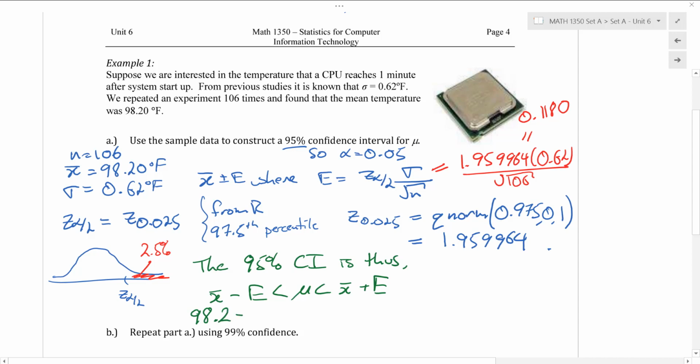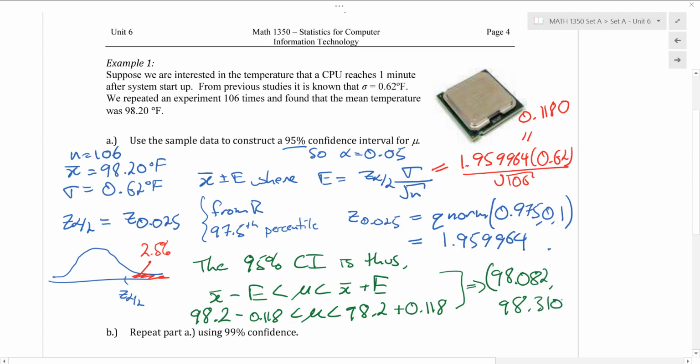So you can take the sample mean minus this computed value for E, and the sample mean plus the computed value for E. And let's, just to get all of them, write this in the final way using interval notation. So you compute those numbers out, and you'll get about 98.082 all the way to 98.3108.